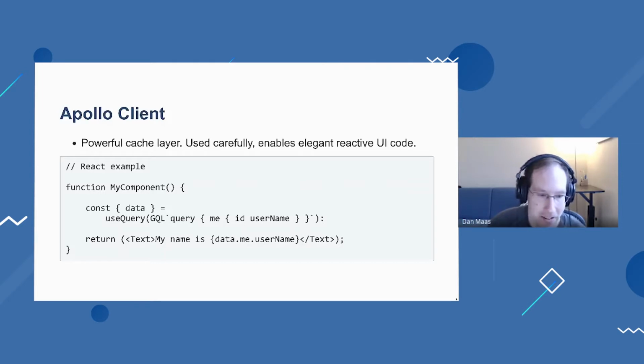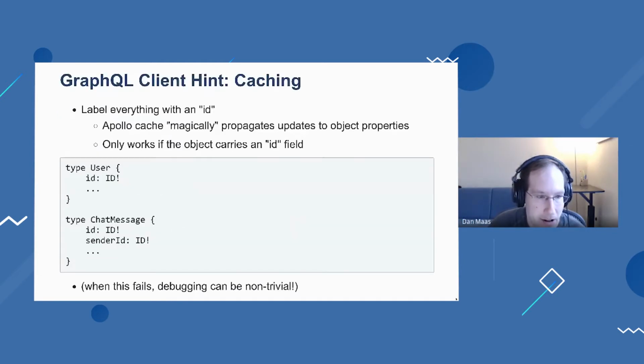Normally when you use a REST API, you would have to have all sorts of callbacks and handlers and subscriptions and write a ton of code to make sure that the UI display stays in sync with your system's idea of what the state is. The Apollo cache can propagate those updates automatically as long as you follow a couple of rules. The key rule is that all of your GraphQL objects have to carry an ID field.